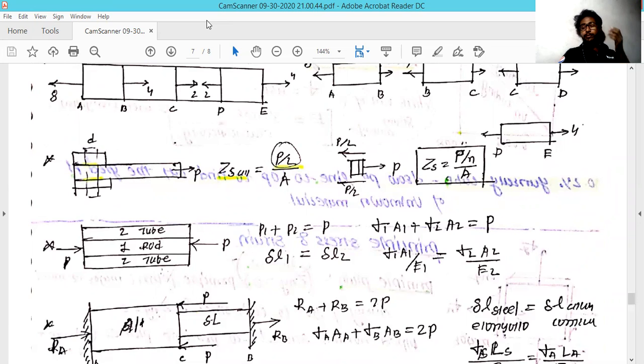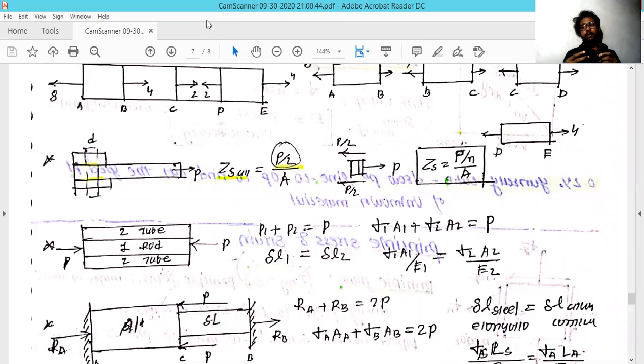The P force, which is compressive in nature, is applied at both ends, and it is firmly attached. It's not like they are loose in a different manner. If you apply the P force, the total force we are applying on this rod is P, and it is distributed equally on the two sections, that tube and rod.